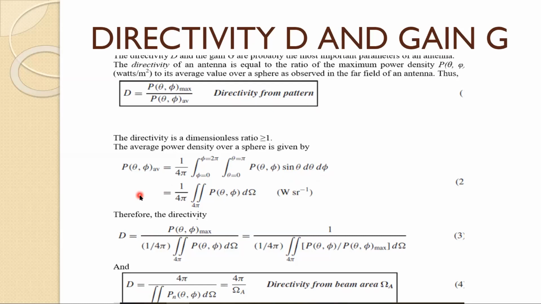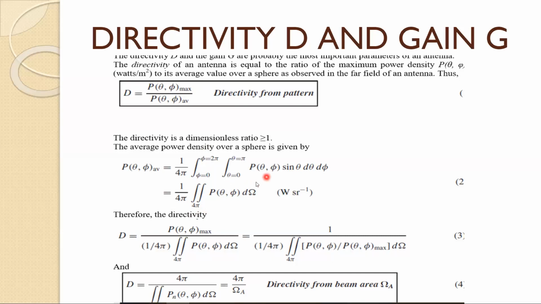After the second equation, next step, P of theta comma phi average equal to 1 by 4 pi, same 1 by 4 pi, no change. These two integrals become this notation. So double integration overall, this one through a sphere 4 pi.